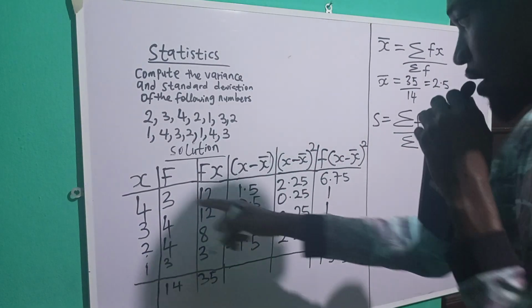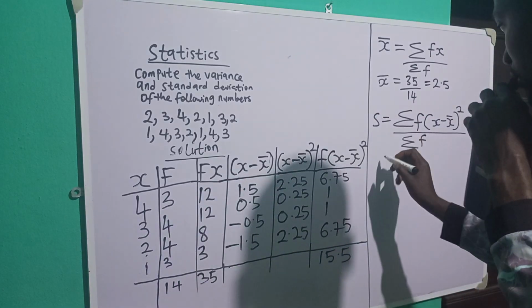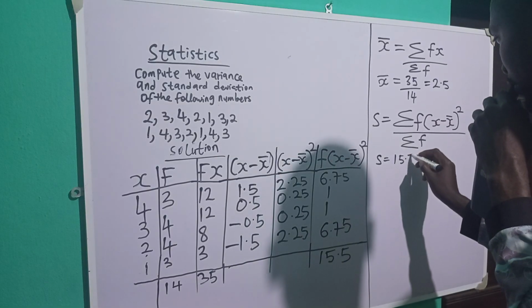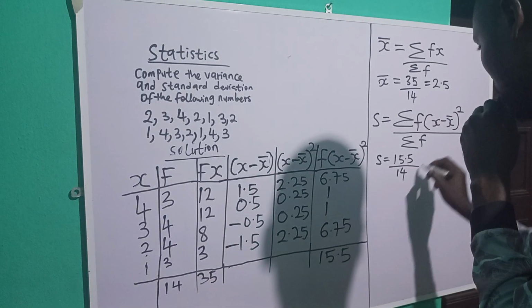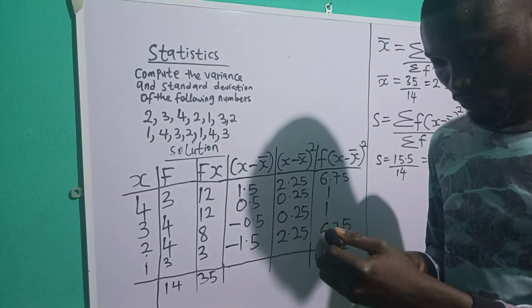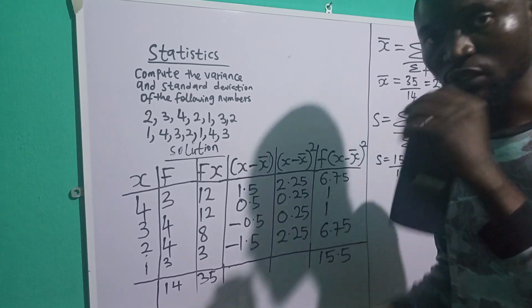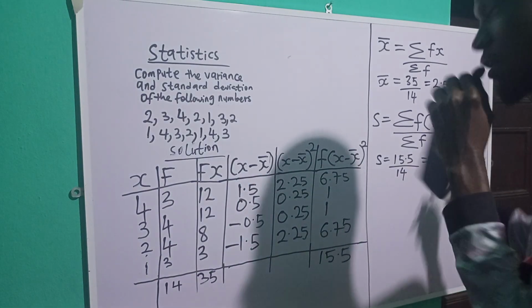So sum of this divided by sum of this is the variance. So therefore the variance is equal to 15.5 divided by 14. 15.5 divided by 14 will give me 1.10. So 1.10 is our variance.